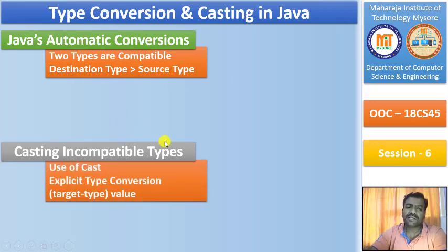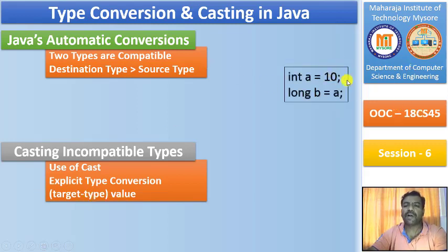For incompatible types, we need to cast the data type, which we call explicit type conversion. Whatever value you want to convert, we use the target type inside brackets along with the value. Now look at how automatic type conversion happens. When I say int a equals 10, and then long b equals a, the destination type is long, which is 8 bytes, and the source type is int, which is 4 bytes.